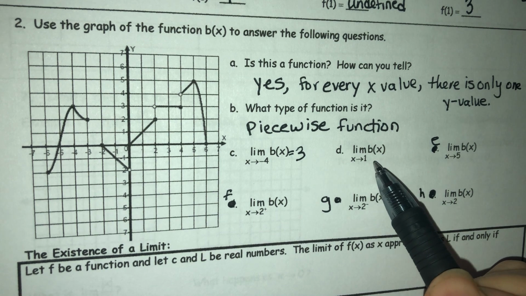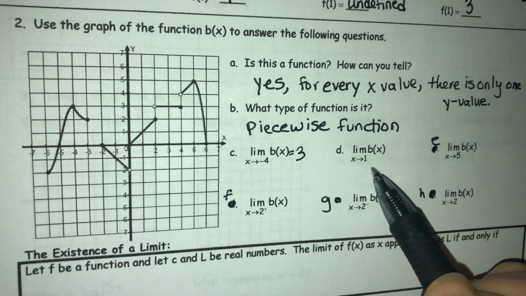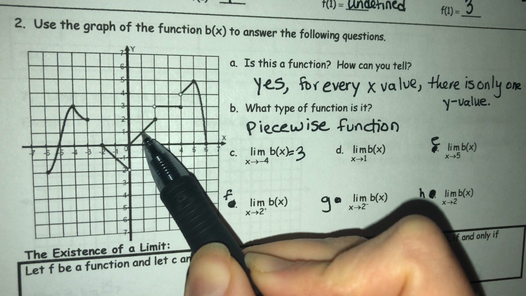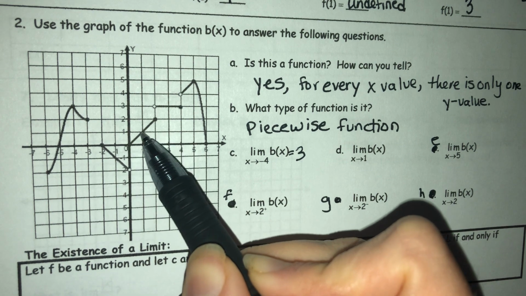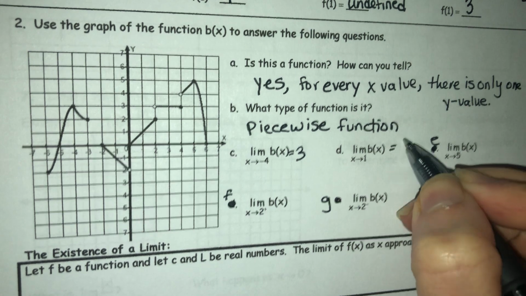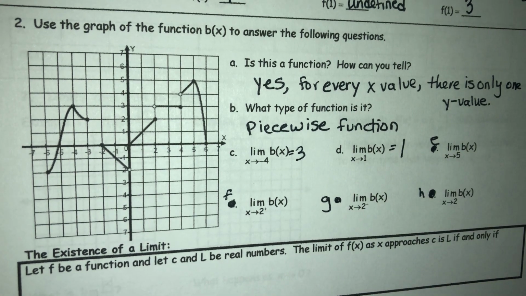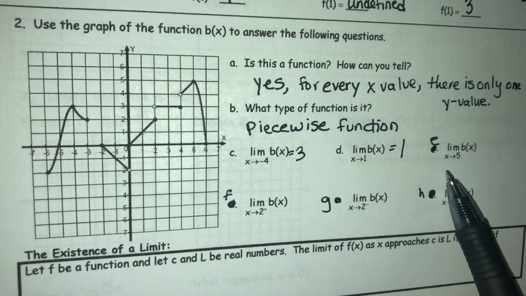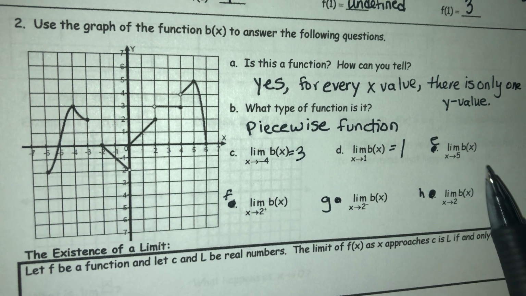Okay, now D, the limit as x approaches 1 of the function b of x. Well, when x is 1, y is 1, it goes to that value from both sides, so that limit is equal to 1.